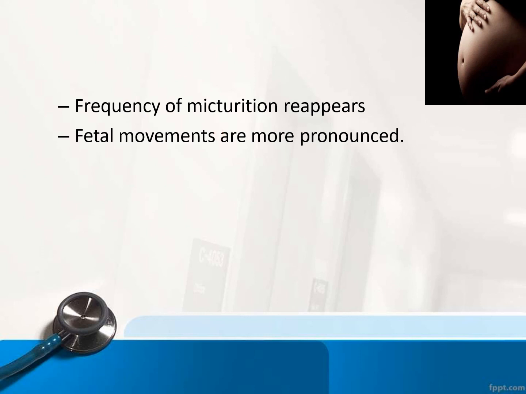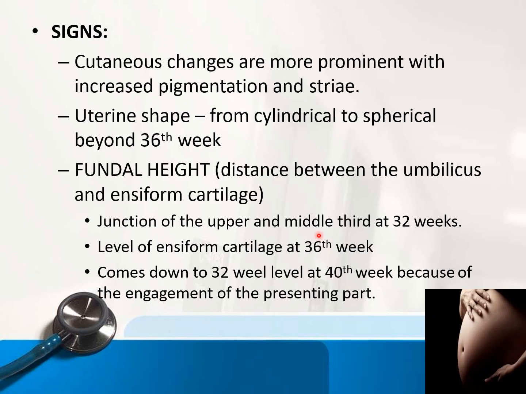And if you are coming to the signs in the third trimester, skin changes will become more prominent. That is, maximum stretch marks will develop over the abdomen, and increased pigmentation over the skin will be there. And if you are looking into the shape of the uterus, it will become cylindrical or spherical around 36 weeks.